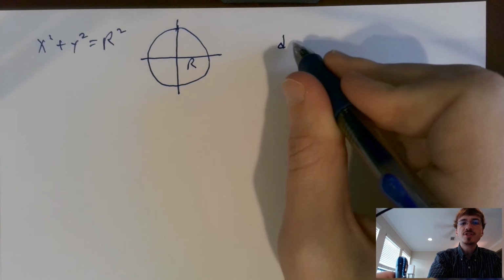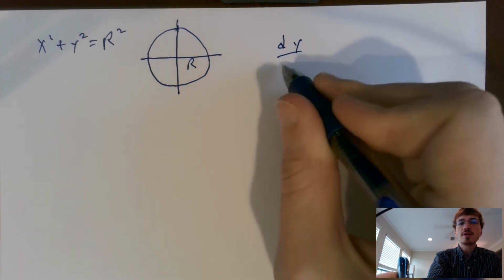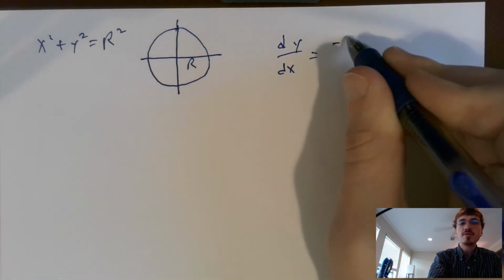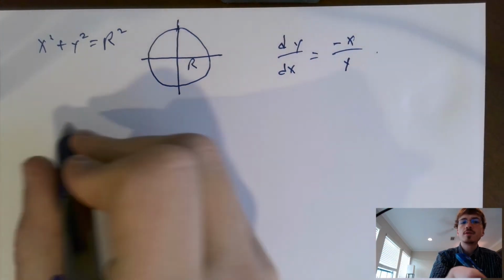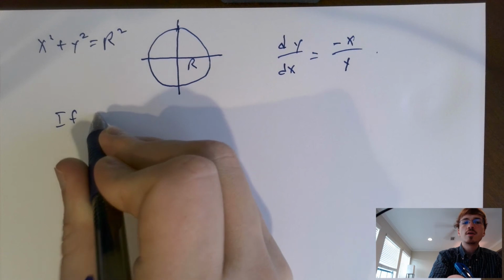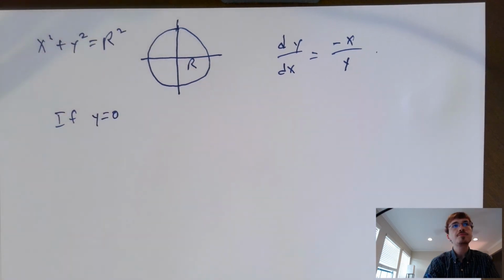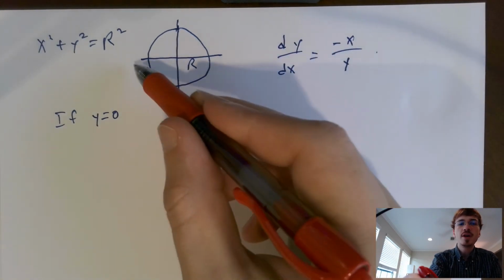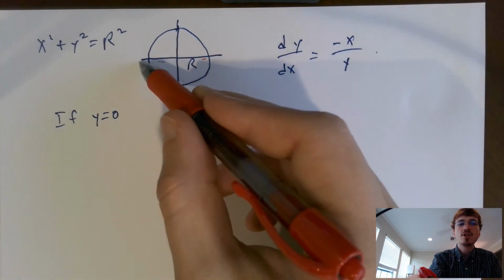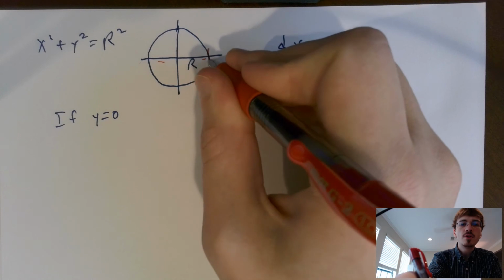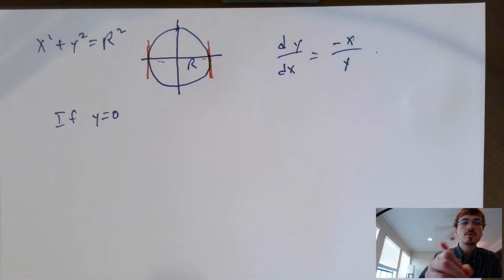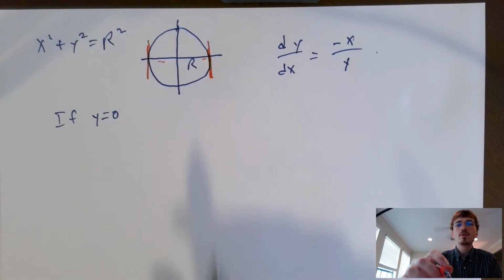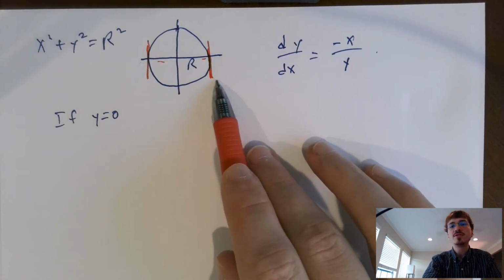And I know we've just now shown that dy/dx is equal to negative x divided by y. And what happens if y is equal to 0? Well, in our graph, what's happening whenever y is 0? At y is 0, that's on the x-axis. So if y is 0, we know our circle is straight up and down. And indeed, the circle has vertical tangents.